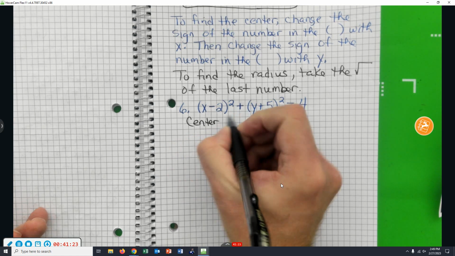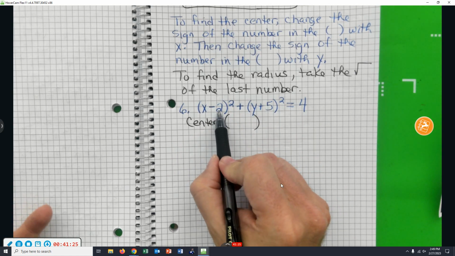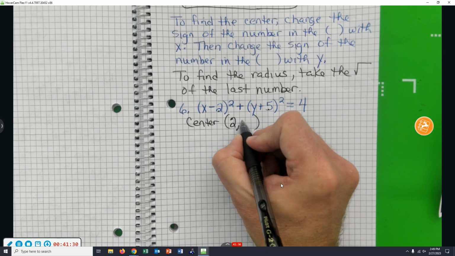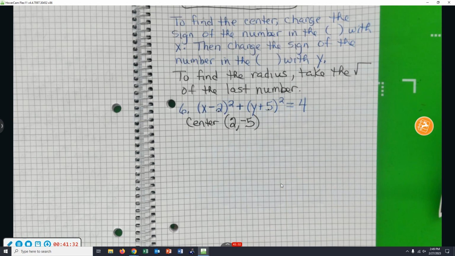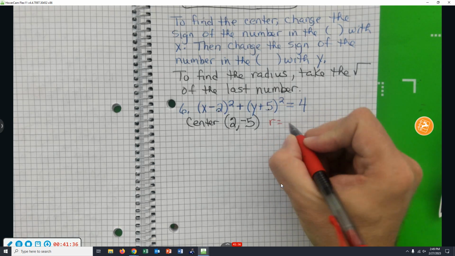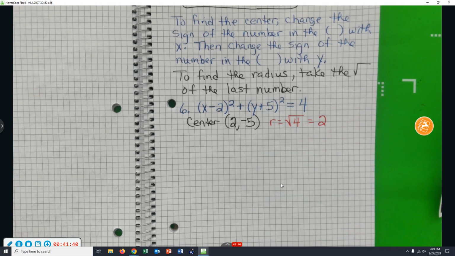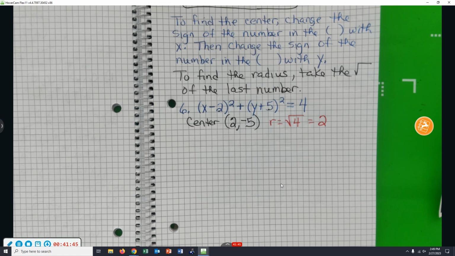Okay, change the sign, change the sign. So the center is positive 2, negative 5. You see how I'm doing that? And what's the radius? 2. The square root of that last number, 2. That's what you have to know in order to graph the circle.